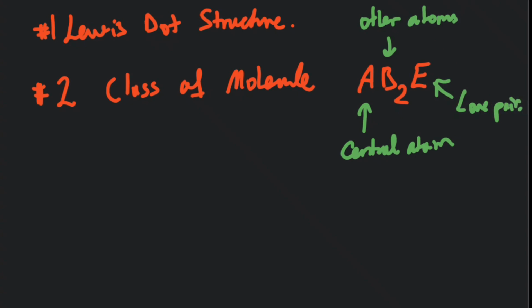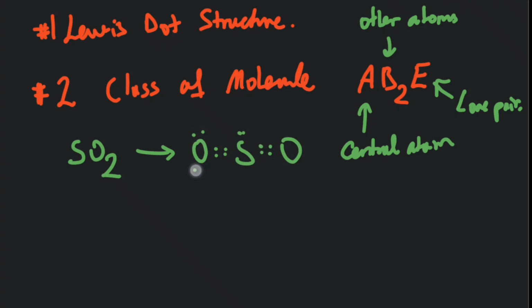I want to give an example, for instance the SO2 molecule. Firstly, I need to draw the Lewis dot structure of the molecule, and I will give the Lewis dot structure very quickly. So we look at the central atom, and this is the E, the lone pair on the central atom.